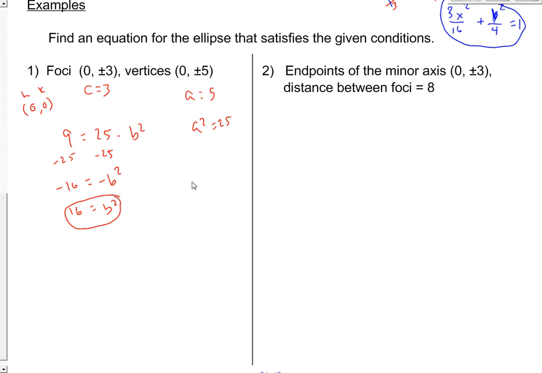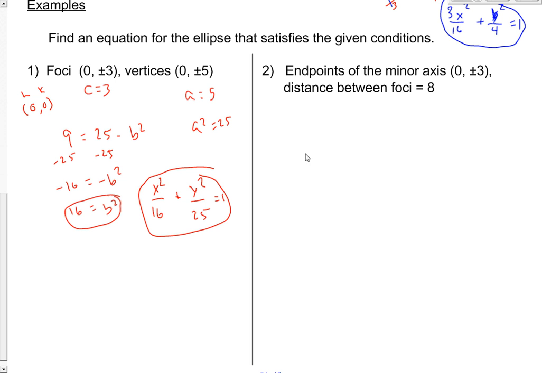Because the vertices are on the y-axis, this is a vertical ellipse, which means I'm going to have x squared over b squared, so it's x squared over 16, plus y squared over 25 equals 1. And that's our equation.